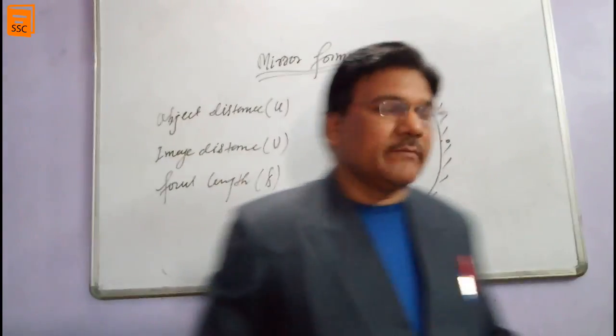Between image distance, object distance and focal length we will derive a relation, and it will be considered as the mirror formula. So first, what is the mirror formula?